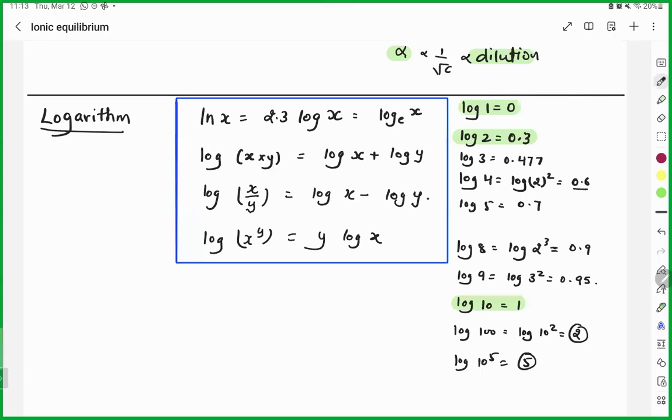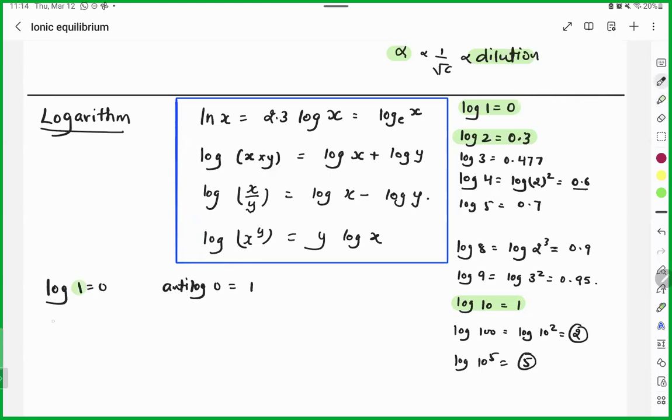Then opposite to this is antilog. Example, log 1 value is 0. What will be antilog of 0? 1. Ulta of this. Log 1 value is equal to 0, so antilog 0 value will be equal to 1. Whatever your log is, you can correlate like that.